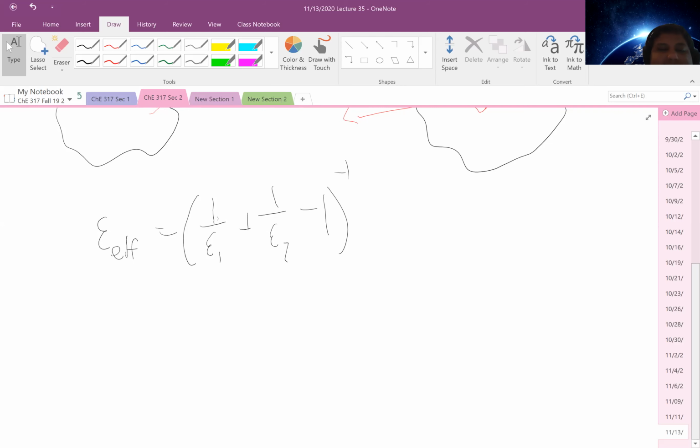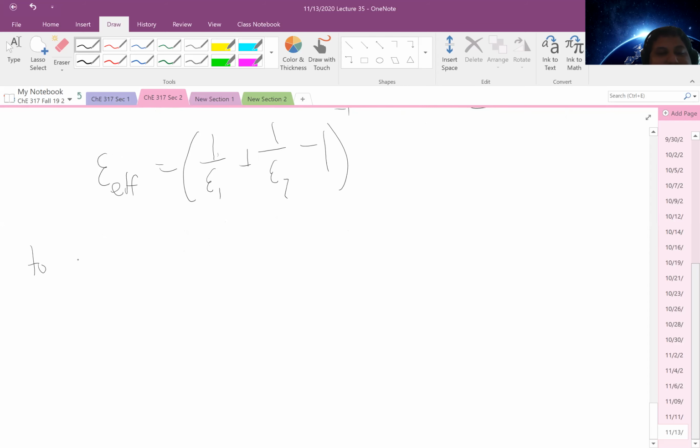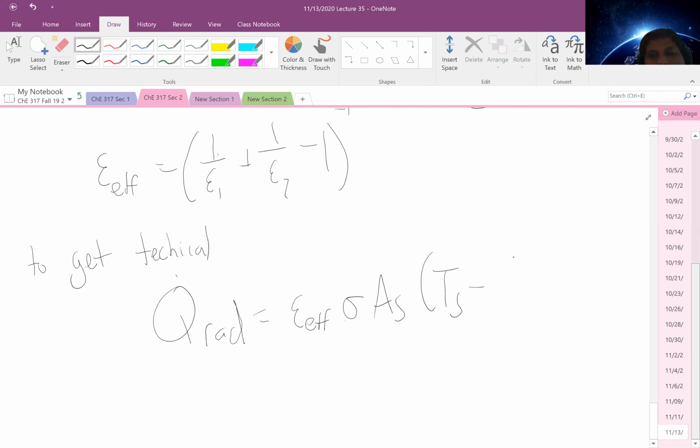If you want to get technical, it wouldn't be Ts minus T infinity, it would be T1 minus T2, because now we're interested in radiation between two particular objects.